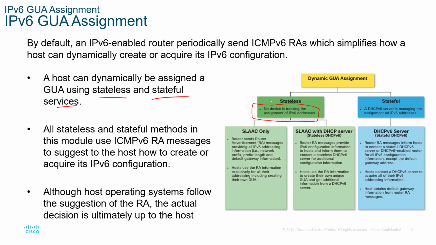No device is monitoring the assignment of IPv6 addresses. So the DHCP server does not know which addresses are being assigned to the host. That is when we have stateless services. An example that uses stateless services is the one which has SLAAC with DHCP.